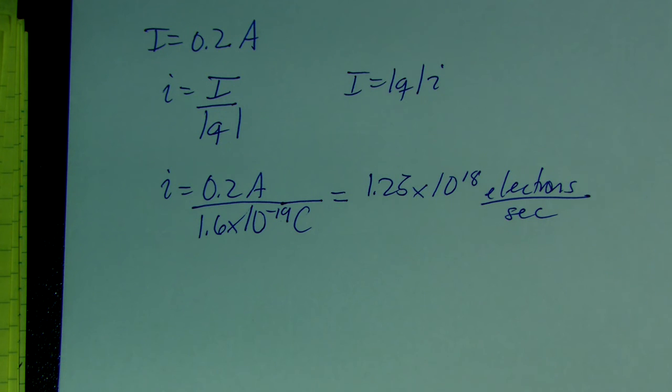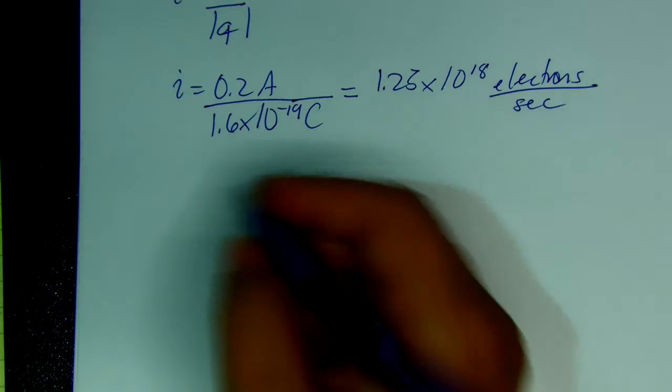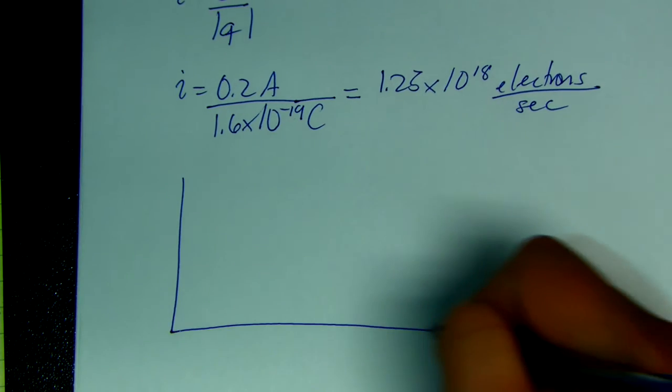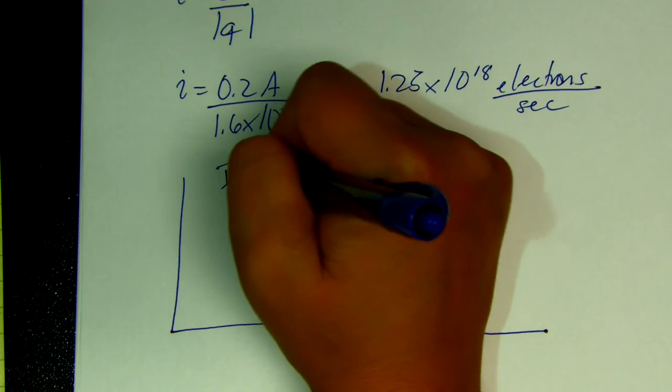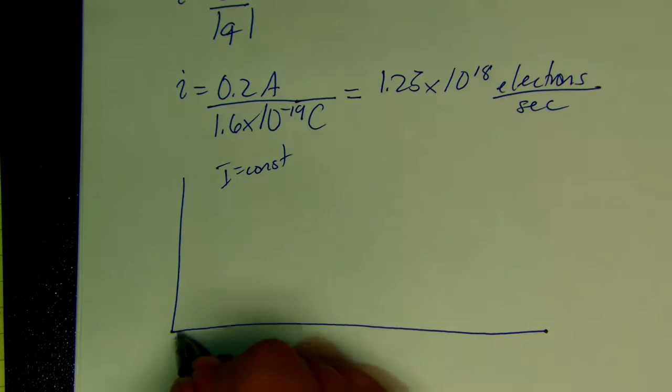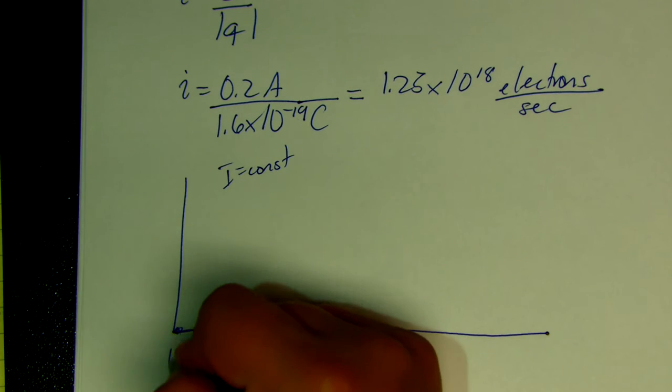Okay, so moving on, we can think about the potential going around the circuit. So I is constant, it's steady state. So from A to B, you just have wire, so it stays the same.